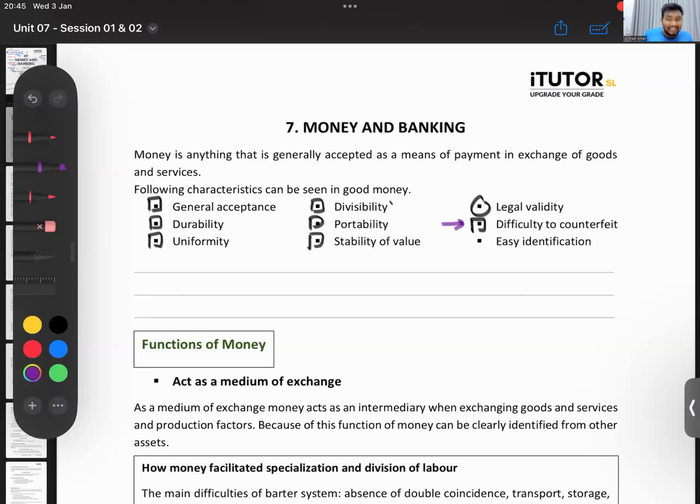The most difficult currency to counterfeit is the $100 note. This is the most difficult. This has certain security features that no one even knows. Counterfeit means making a fake one.